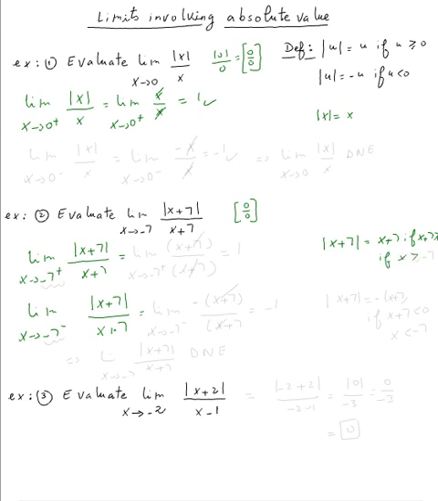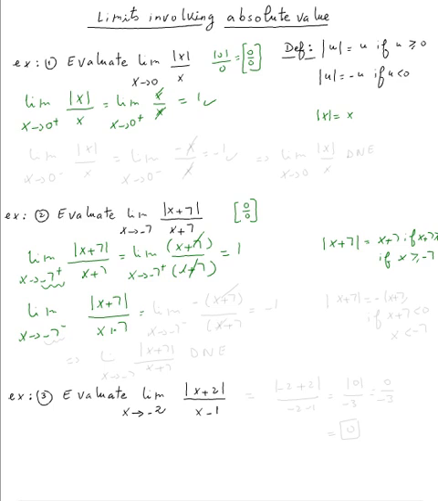It means x is bigger than negative 7. I mean, or equal, we don't care about negative 7. So here, x approaching negative 7 from the right side means x is bigger than negative 7. So this is going to be the limit where the absolute value of x plus 7 just becomes x plus 7. Now, all we do is simplify, and then we get a 1. So from the right side it is equal to 1.